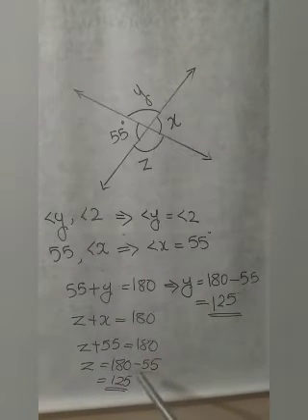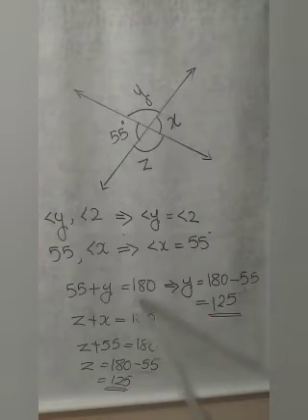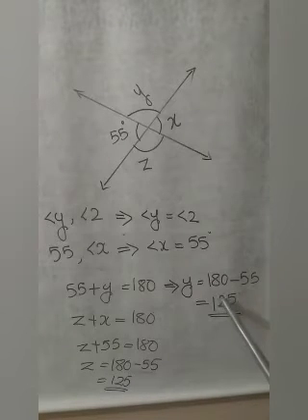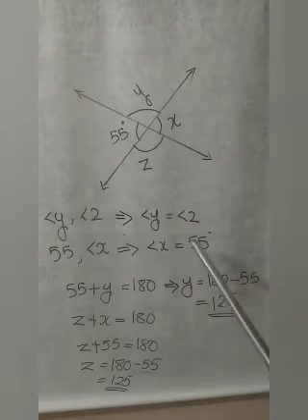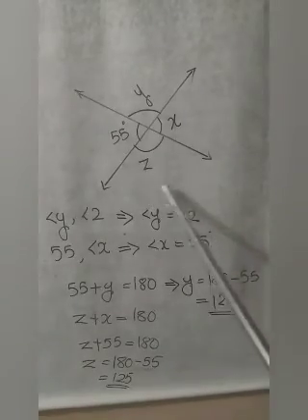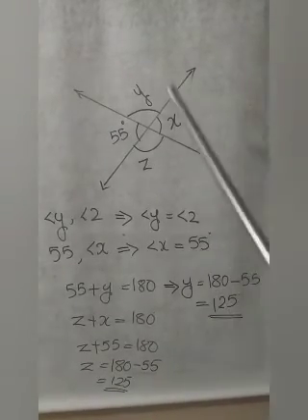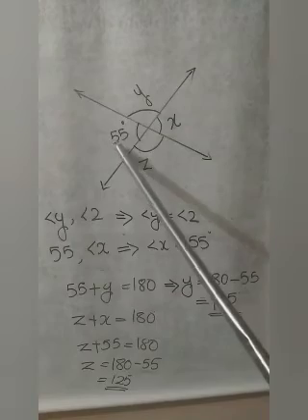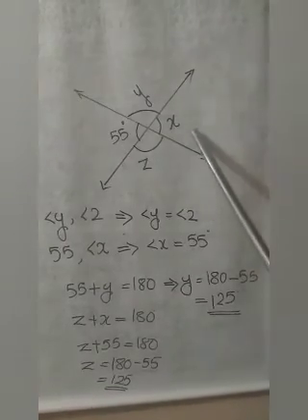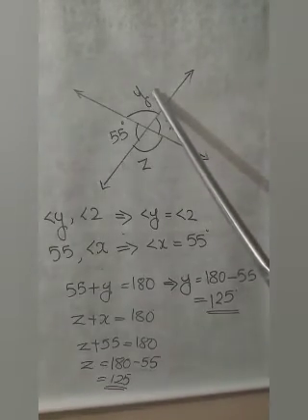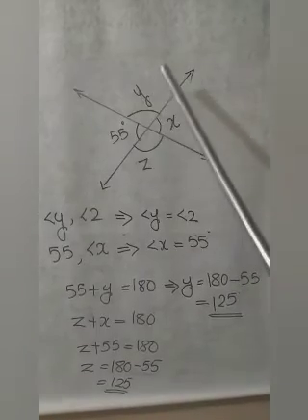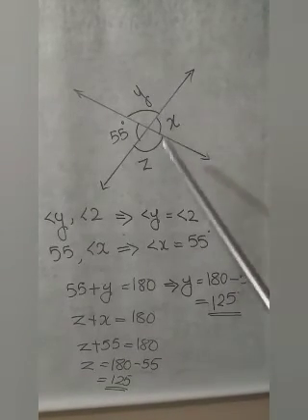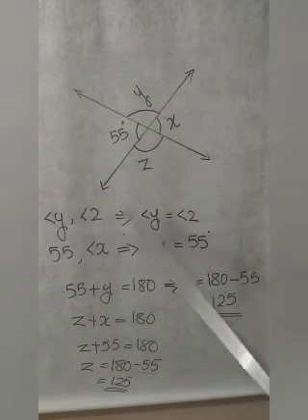So from here also we got the value of z and y the same, 125, isn't it? They should be equal because they are vertically opposite angles. So what is the value of x? If here it is 55, here also 55. Now here what we got? y equal to 125. Then by vertically opposite angles we can say z is also 125.